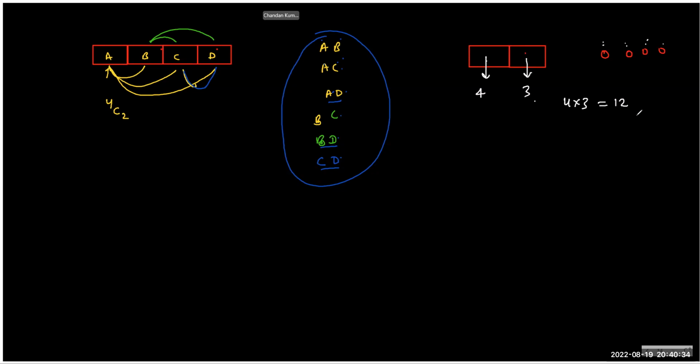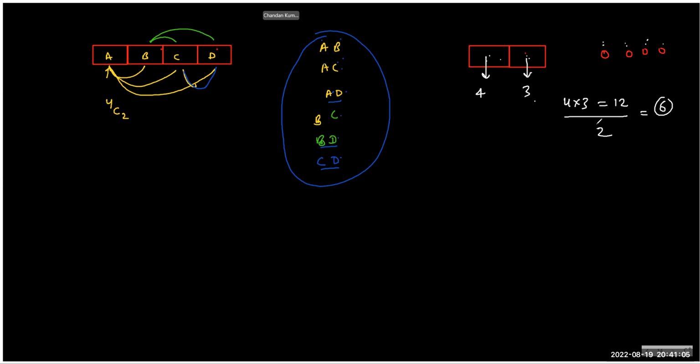But the problem is the order doesn't matter. I can put anyone here and anyone here. So it's called the symmetrical situation because we have to only pick 2 objects. So I could have done it the other way around. So for every symmetrical situation, it will divide by 2. So the only option left is 6. Because I have the choice of putting A right and B left, or B right and A left.